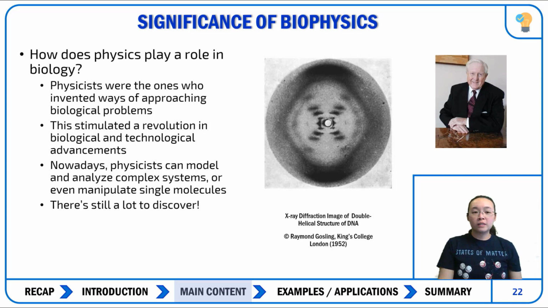Maurice Wilkins then showed this picture to James Watson, who immediately recognized it as proof of a double helix or helical structure, and he put two and two together with Francis Crick to discover the structure of DNA. So tiny things can add up to really big discoveries, and the discovery of the DNA double helical structure wouldn't have been possible without a physicist behind all of it.